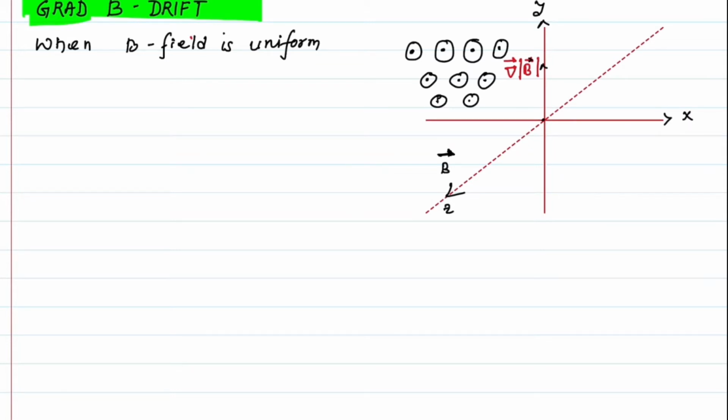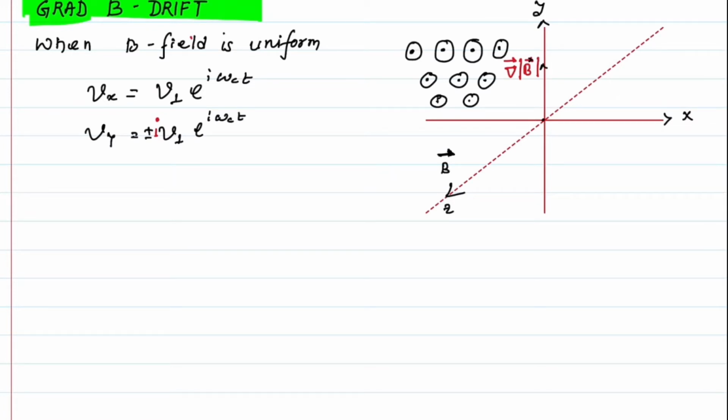We have got Vx equal to V perpendicular e to the power i omega_c t, and also we got Vy equal to plus or minus i V perpendicular e to the power i omega_c t.